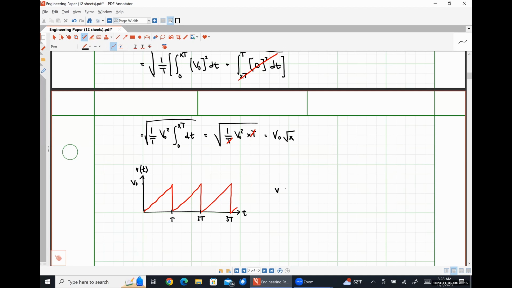For one period, how would I describe this voltage waveform? V naught over capital T. So that's my slope. What else?